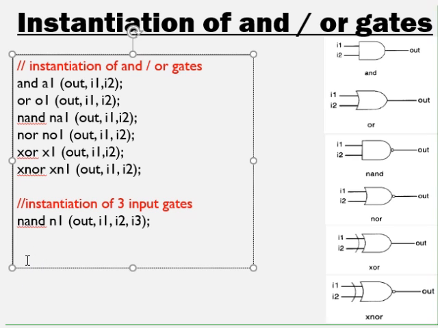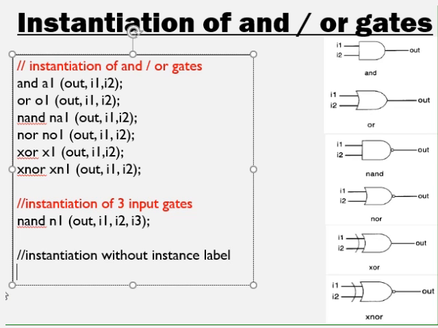Also, one more privilege here is only for primitive gate instantiation: you need not give the instance label. That is, instantiation without instance label. So I can instantiate a gate without giving an instance label.